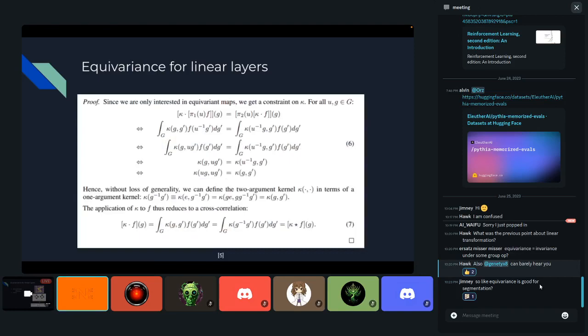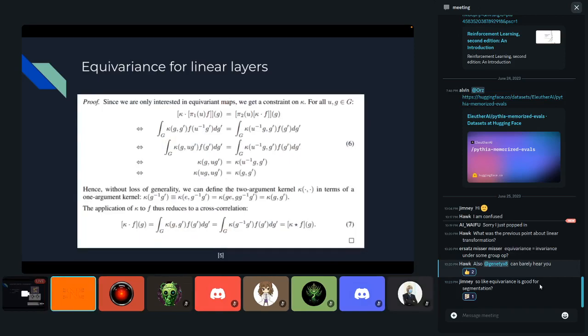And this is the proof of this theorem from a paper. It basically just says that, given some elements of a group that you apply a function to, you can represent a linear mapping as some kernel that mixes in values from other group elements.